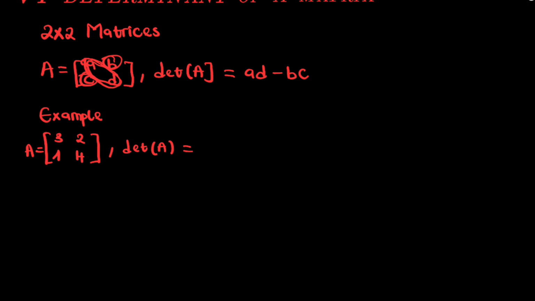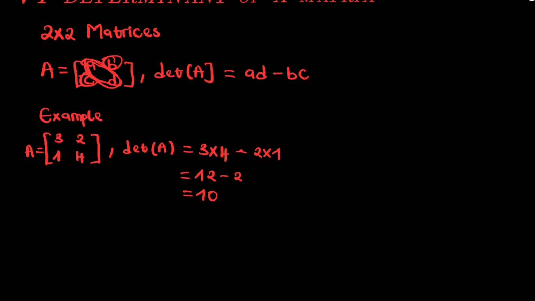So 3 and 4 are at the diagonal. So we multiply 3 times 4 minus 2 and 1 are not at the diagonal. So we have minus 2 times 1. So from here we just simplify. 3 times 4, that is 12, minus 2. So this gives 10. So that is the determinant of that matrix.